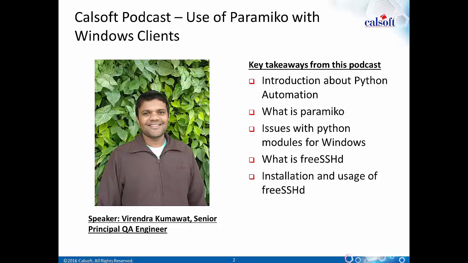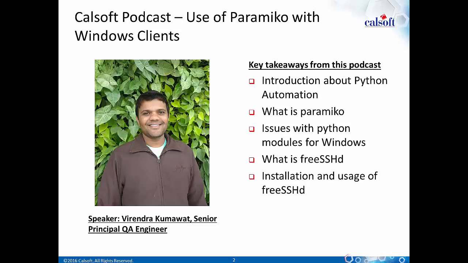Okay. What is freeSSHd and why is it preferred over other applications for the SSH server? As I have already mentioned, for Windows Server, if a user wants to use the Paramiko module, then the user has to enable the SSH service on a Windows box. There are many applications available to run an SSH service on Windows systems: OpenSSH is there, Cygwin is also there, and the third one is freeSSHd.